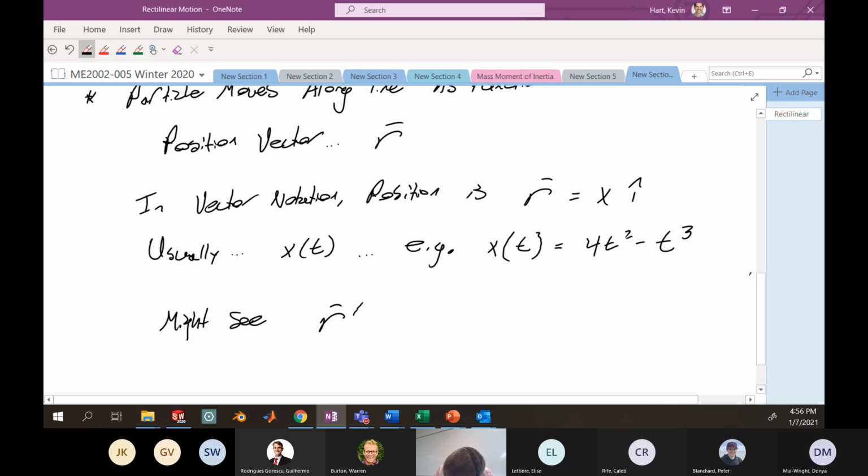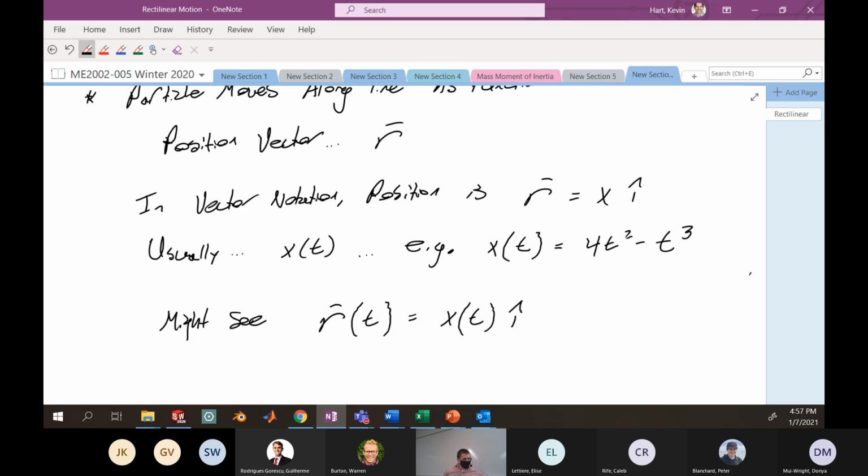Okay, so you might see your position vector now is a function of time, which might look something like where that location of that particle is as a function of time in the i hat. Now, when we talk about position, we're going to use vector notation, all right?